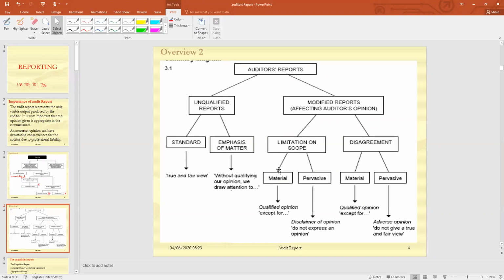However, it's only going to be constrained on the PPE account. Then we see that the value of the accounts at hand, where you cannot verify or apply the audit procedure, is material. Then what do you do? You issue a qualified opinion with an except for.